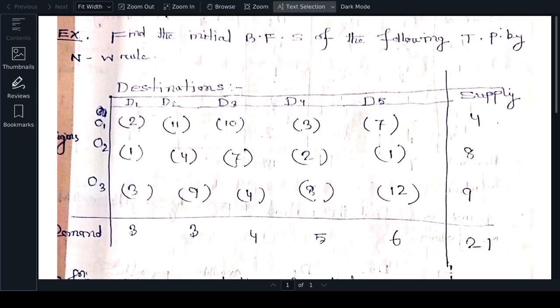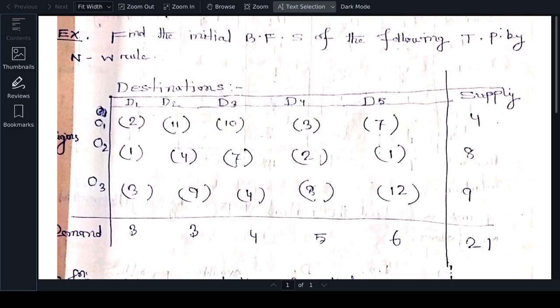When we give the allocation 3, which one is exhausted, demand or supply? Demand. The column is exhausted, and in the row the remaining supply is 1.